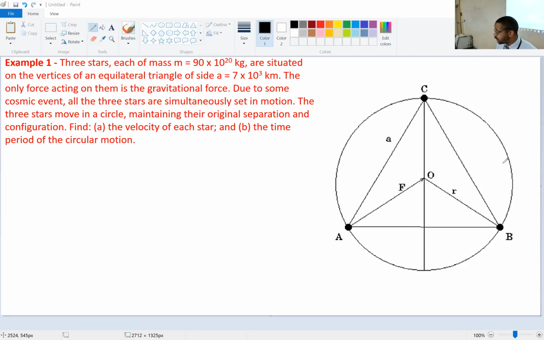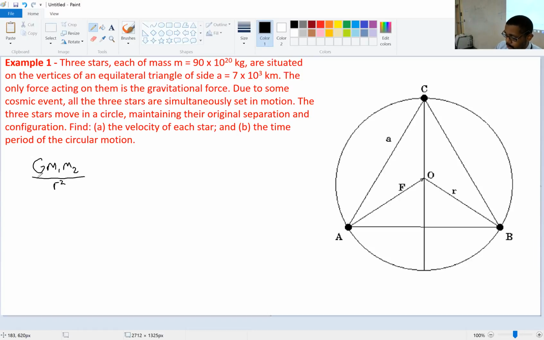So what he does first is we need to find the force that each star is exerting on the other star. And so we're just going to say all 3 stars each have the same mass, and this is the mass that they have. So the forces are going to be the same, and we calculate the force using the mass of 1 times the mass of 2, over the radius squared.